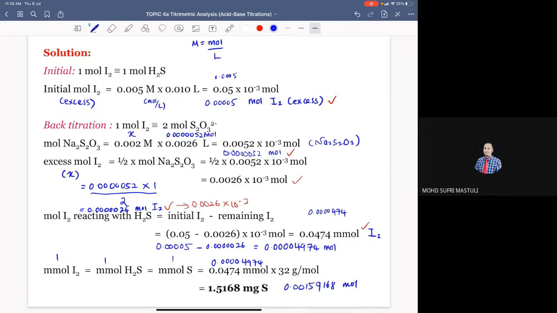If I want to convert it to milli, 1.159 milligram. Okay, you can try and double check all the calculation.